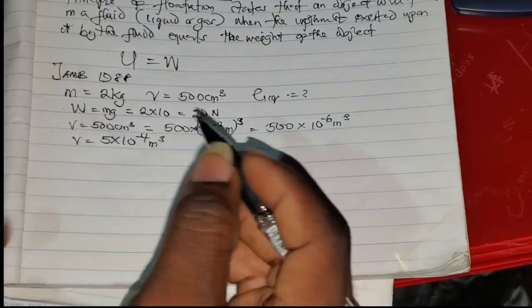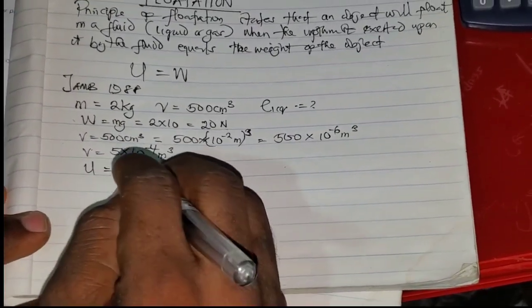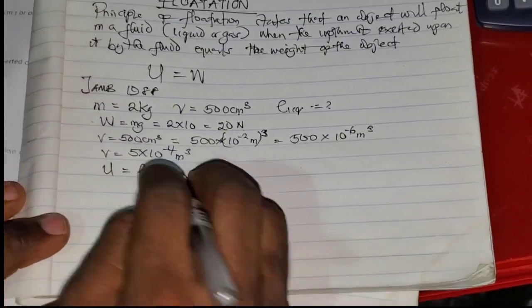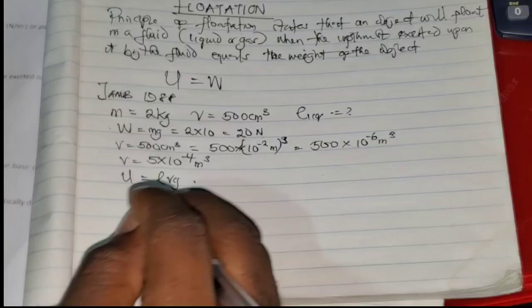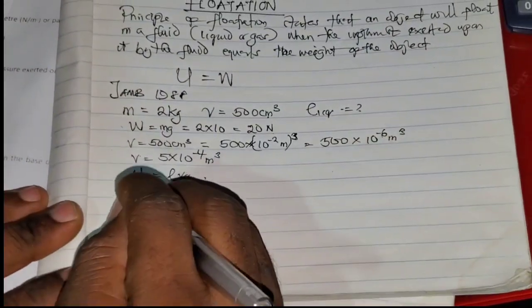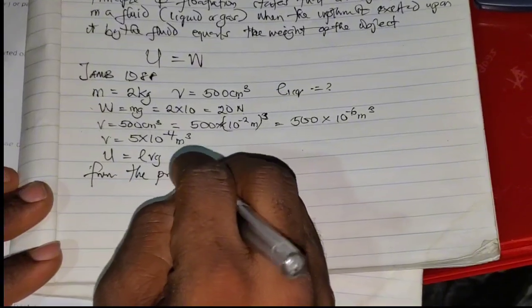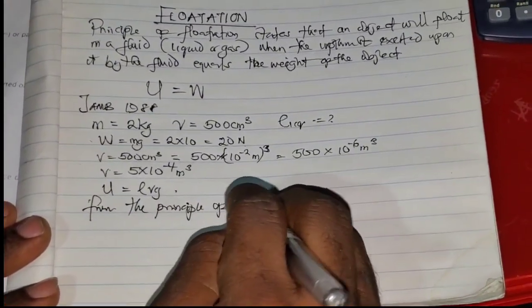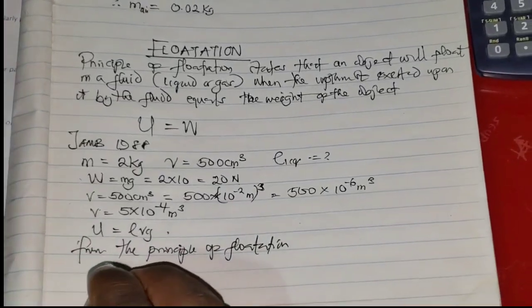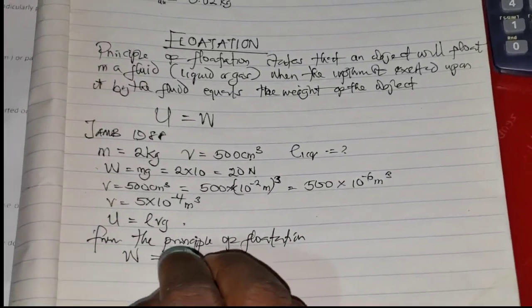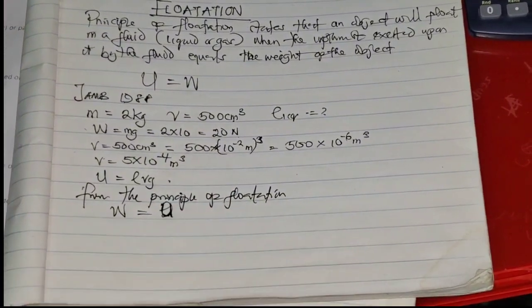Now, using upthrust, we know upthrust is rho Vg. This is the formula. So we need to now use the law of flotation. From the principle of flotation, W equals the upthrust.